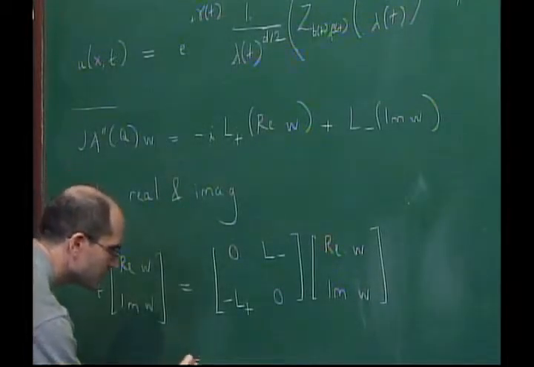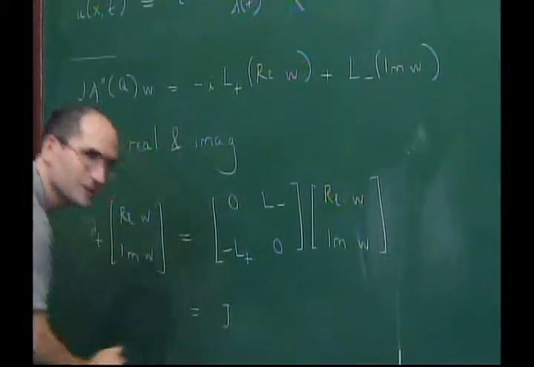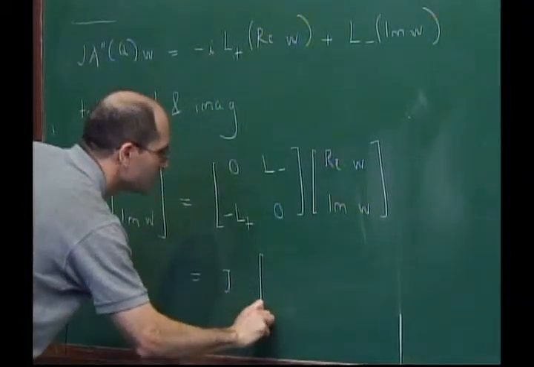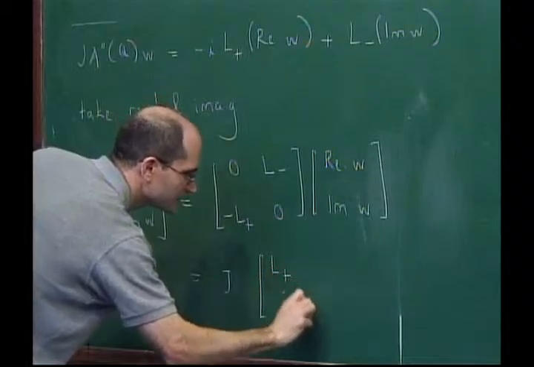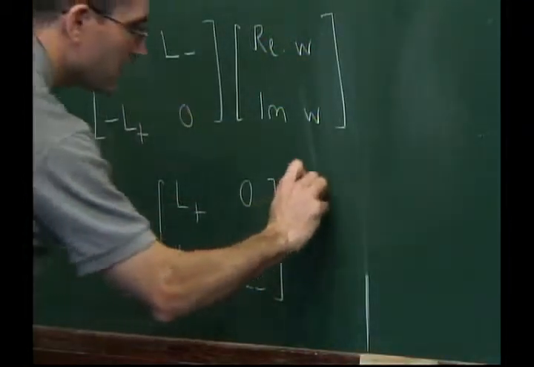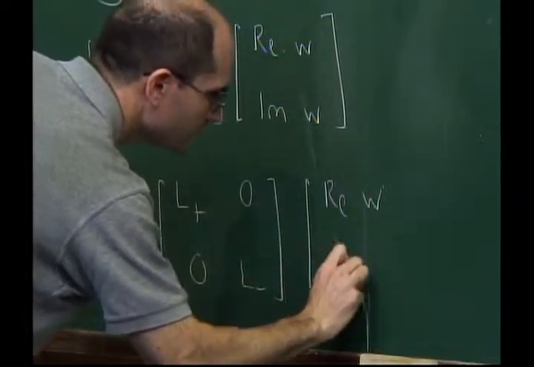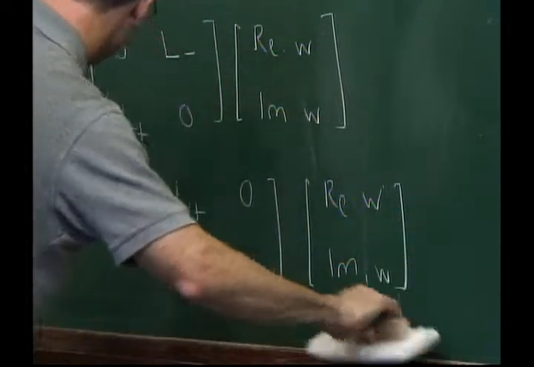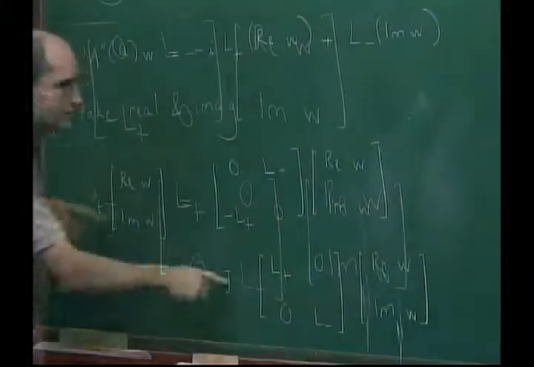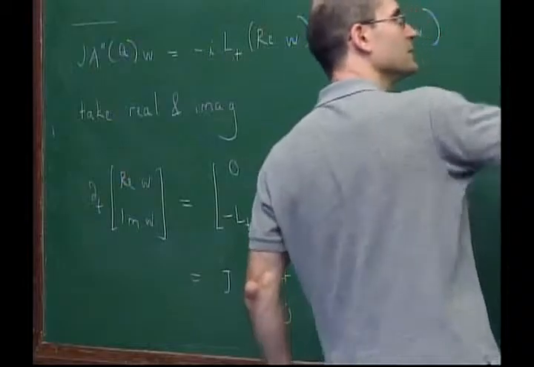And this can be written as J times, so this can be written as a new J, times L plus, L minus, as J is no longer multiplication by minus i. I mean, we took real and imaginary parts. Now J is a matrix, the standard skew matrix.